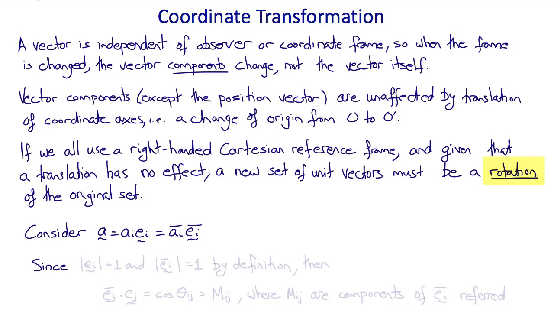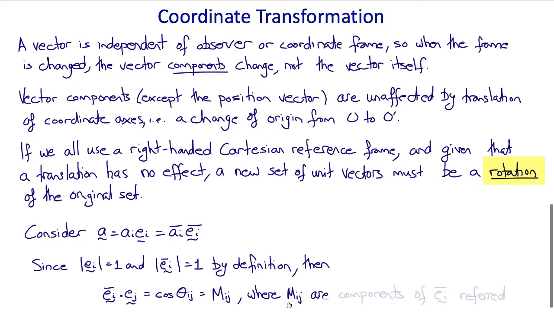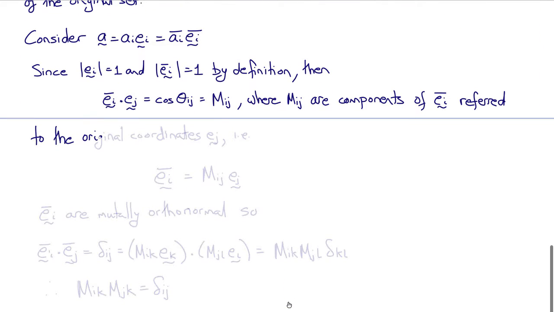Now, since by definition the magnitudes of e_i and e_i bar are 1 because they're unit vectors, the dot product between them, e_i bar dot e_j, would equal the cosine of the angle between i and j, and since there are 9 combinations, this would be a matrix of angle cosines, where you can think of the components of that matrix as the components of the new unit vectors e_i bar referred to the original coordinates e_j.